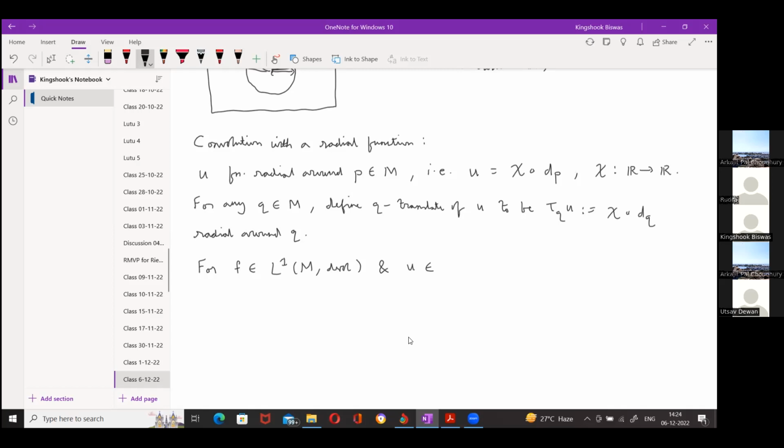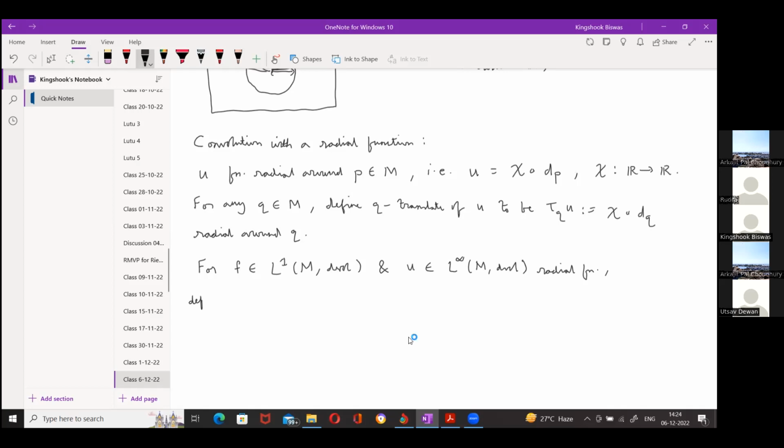I mean, it should make sense for L1 functions also, but I'm not sure. We have to be a bit careful. So let me just take u in L infinity of M, a radial function, around P, say.